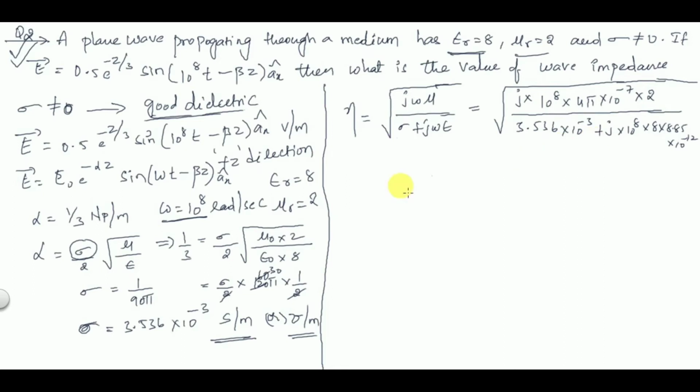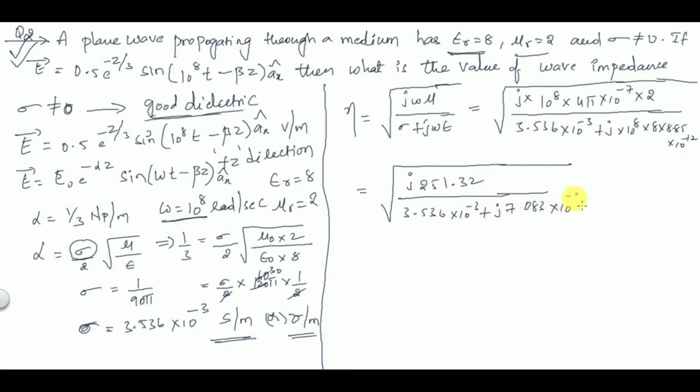Okay, solve this in the denominator. If you solve it, you'll get around j 251.32 in the numerator, and in the denominator you will get 3.536 into 10 to the power of minus 3 plus j 7.083 into 10 to the power of minus 3. 10 to the power of minus 3 is common in both terms, so send it to the numerator.